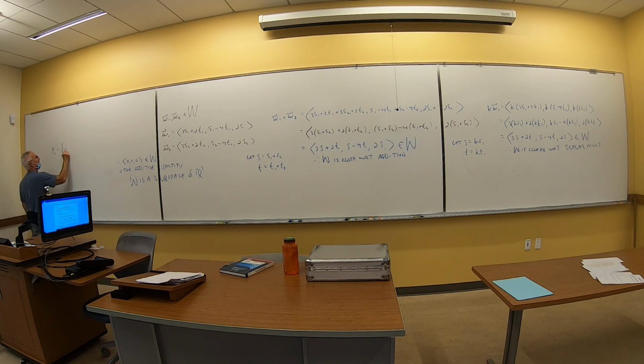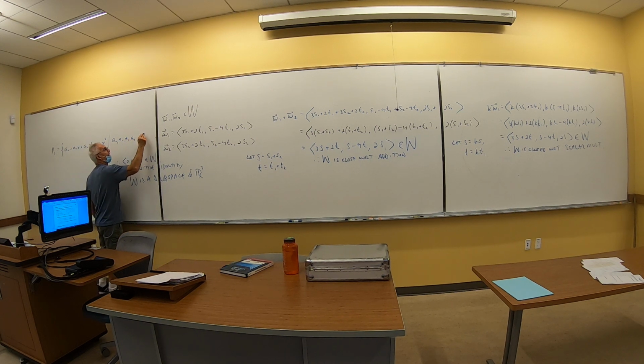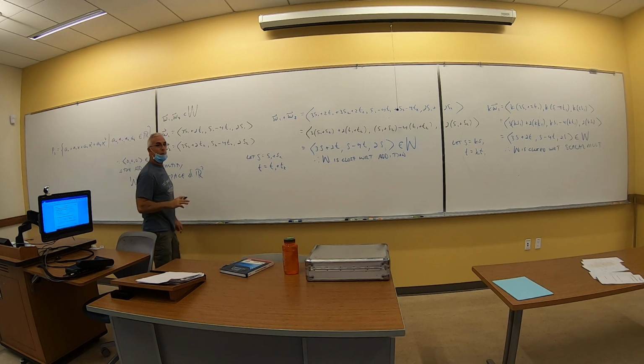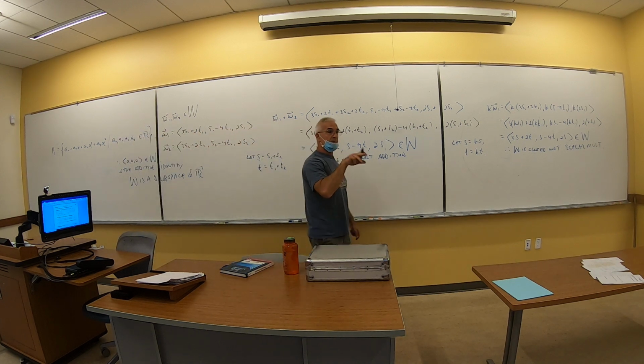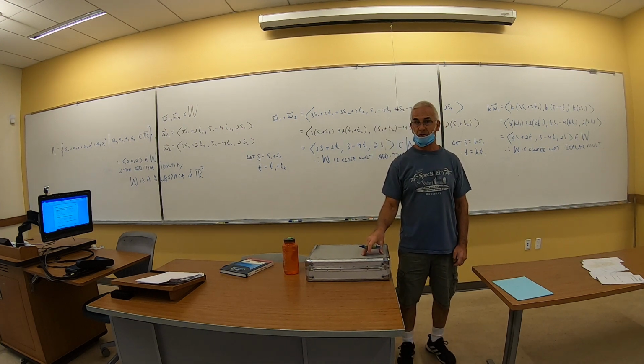It's the set of all things, a0 plus a1x plus a2x squared plus a3x cubed, where a0, a1, a2, a3 are real numbers. No restrictions. Any of them can be 0. Agreed? Any of them can be 0.